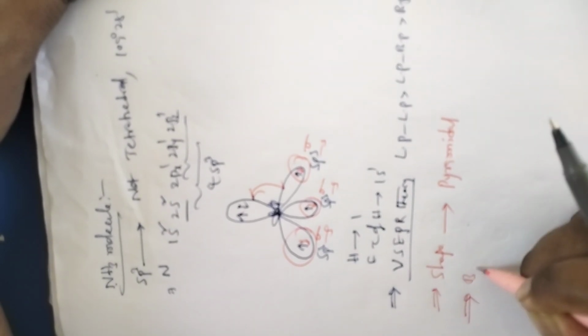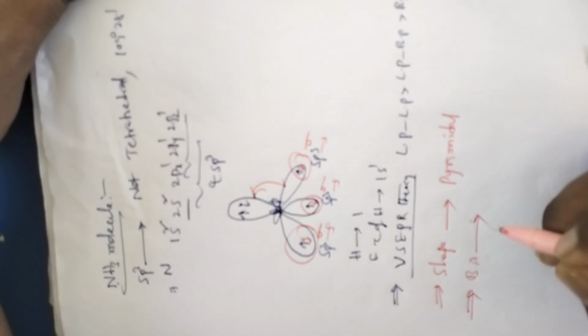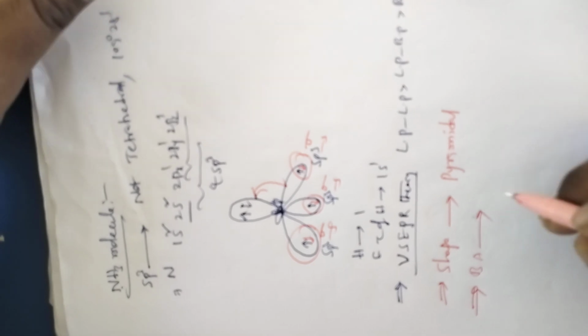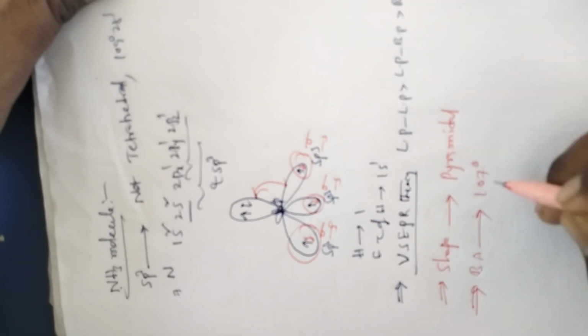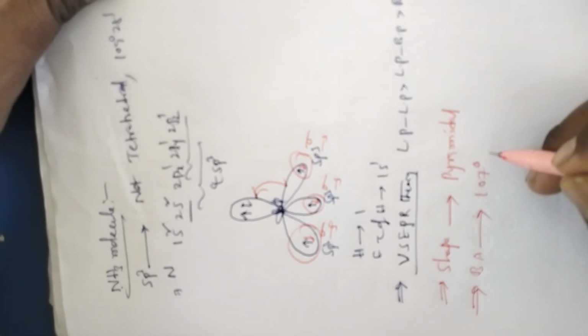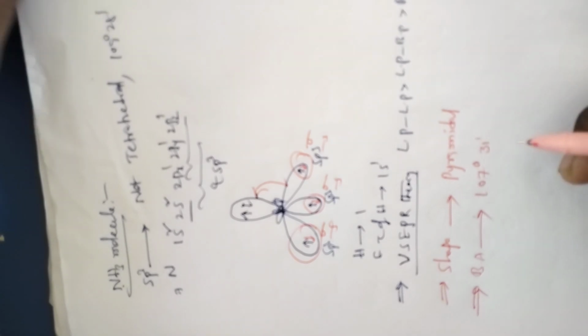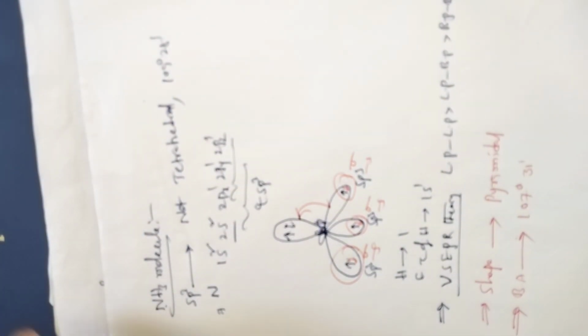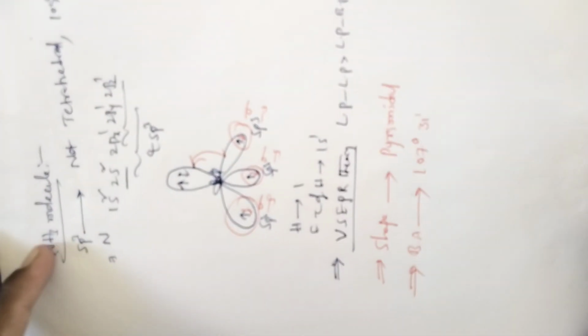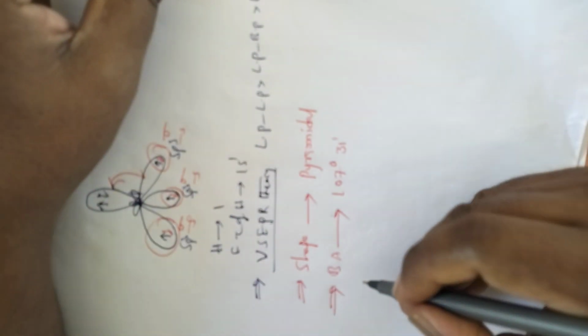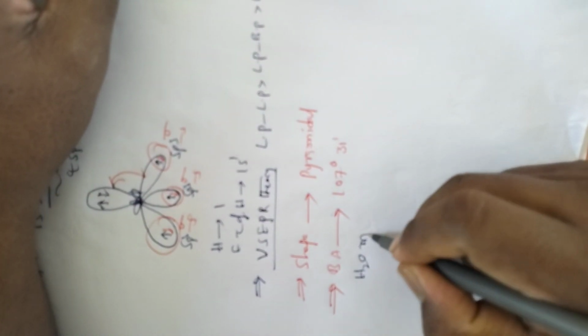The bond angle also deviates from 109 degrees 28 minutes to 107 degrees 31 minutes. This is the information about the NH3 molecule. Next, the H2O molecule.